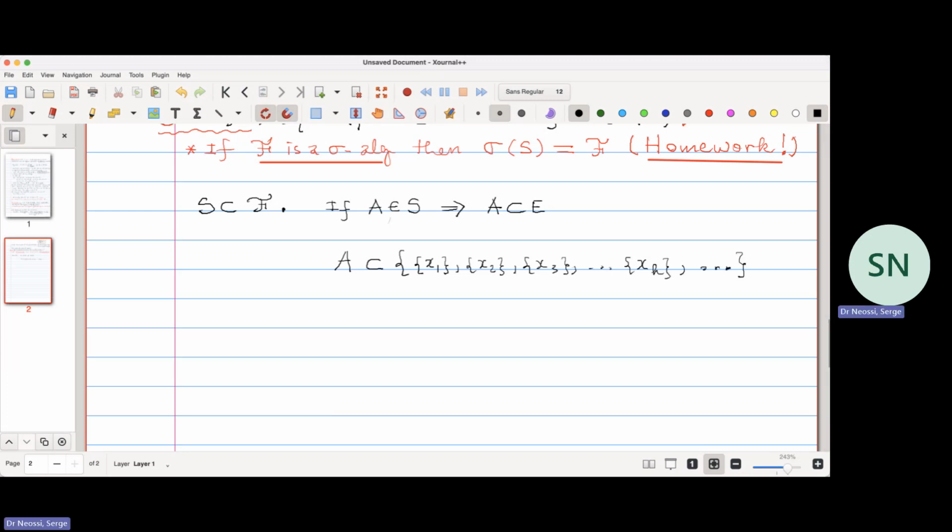So it's something of that form. It will be contained. So meaning that A will be written as the union of elements of this form.